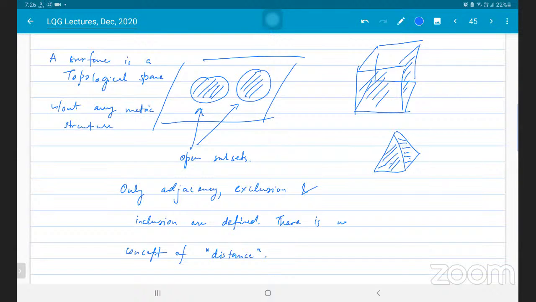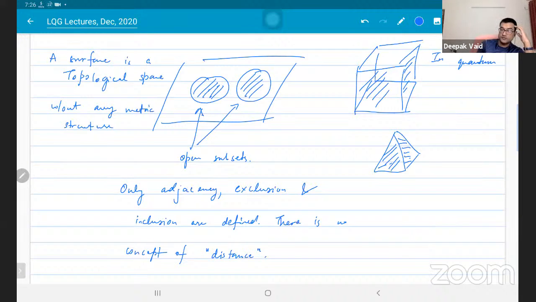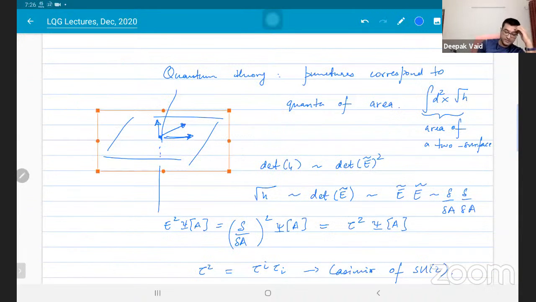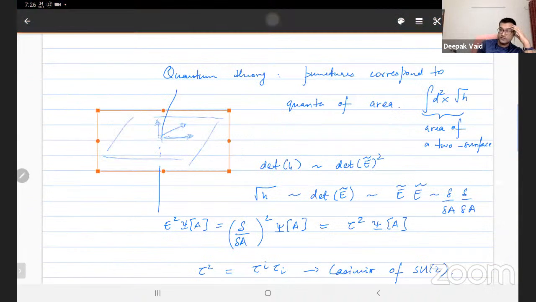So the space of gamma and S are not even manifolds. The space that S and gamma belong to is not a manifold yet, rather topological. You're saying this surface with an intersection.